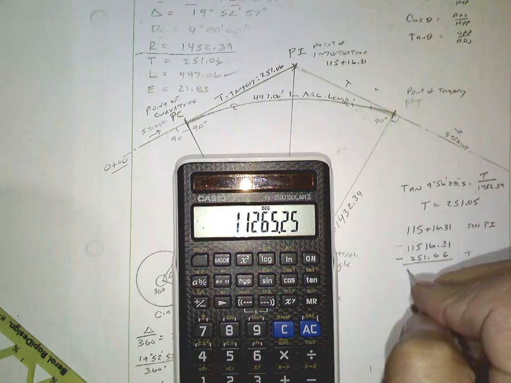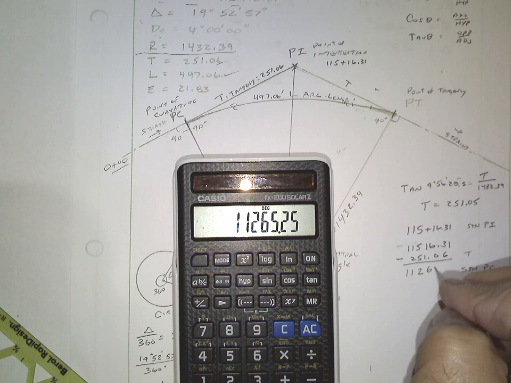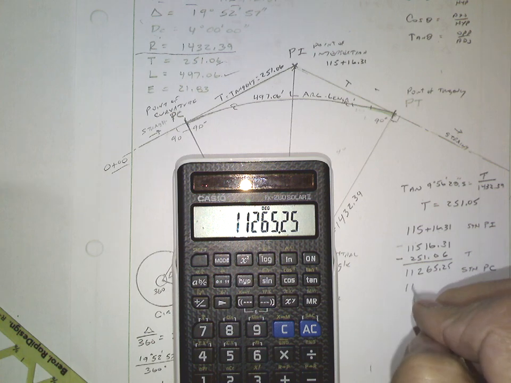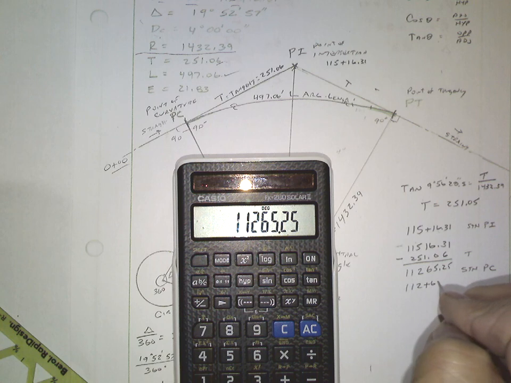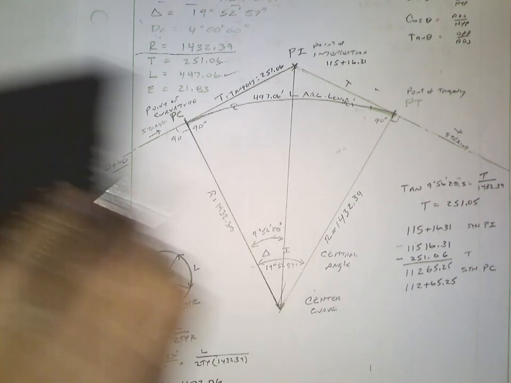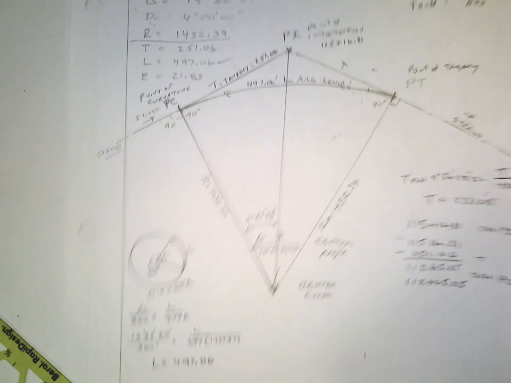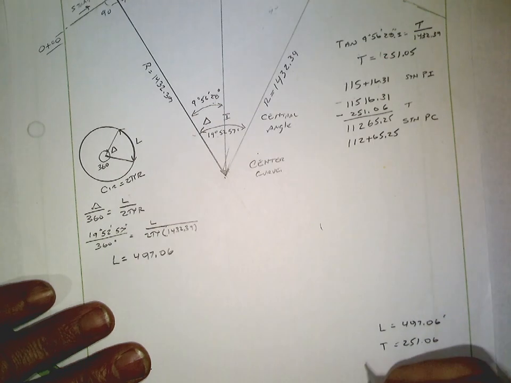And that gives me 112.6525, or in station terminology, 112 plus 6525.